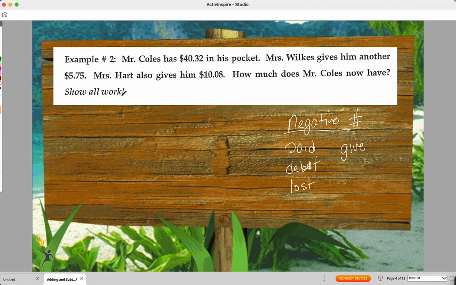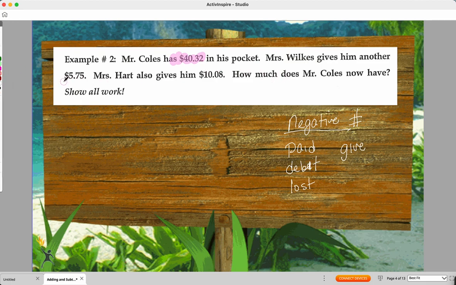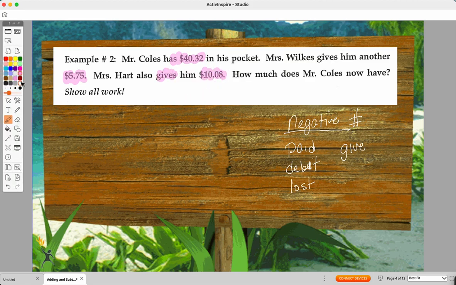Okay, so here we don't have that. He has, need a different color pen. He has $40.32. She gives him another $5.75. Mrs. Hart also gives him that $10.08. So what you're going to set that up to do is you're simply going to have all positive numbers. So you're going to add.